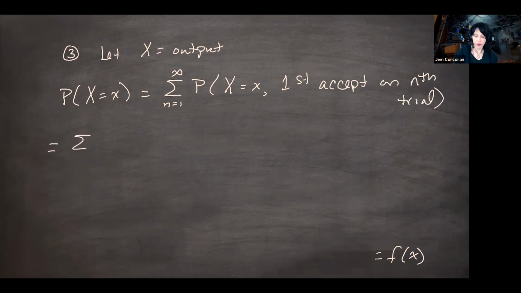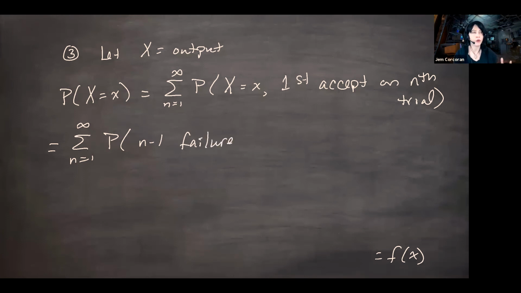So just like before, this is the sum as n goes from 1 to infinity of the probability of n minus 1 failures, which yes, can be written out with y1 through yn and u1 through un, but it turns out not to be important, just like it wasn't in the other proof we did.